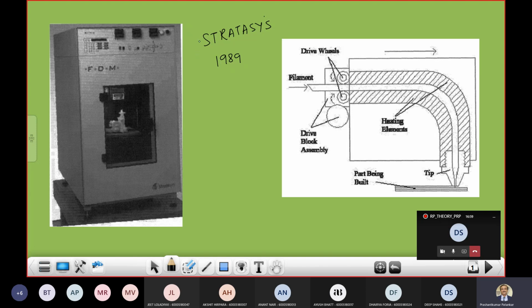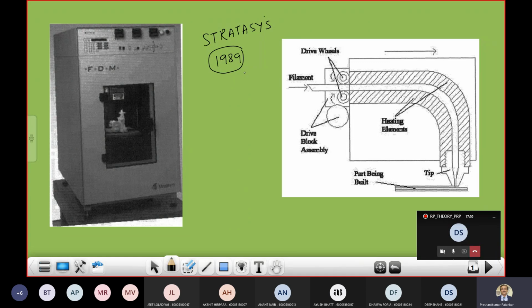The FDM technology was developed by Scott in the year 1988, and they started making use of FDM in 1989. It got patented, and the patent was registered in the year 1992.